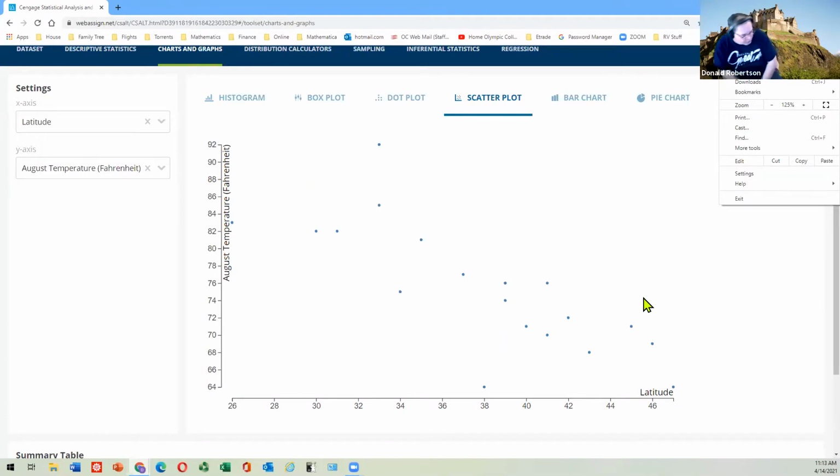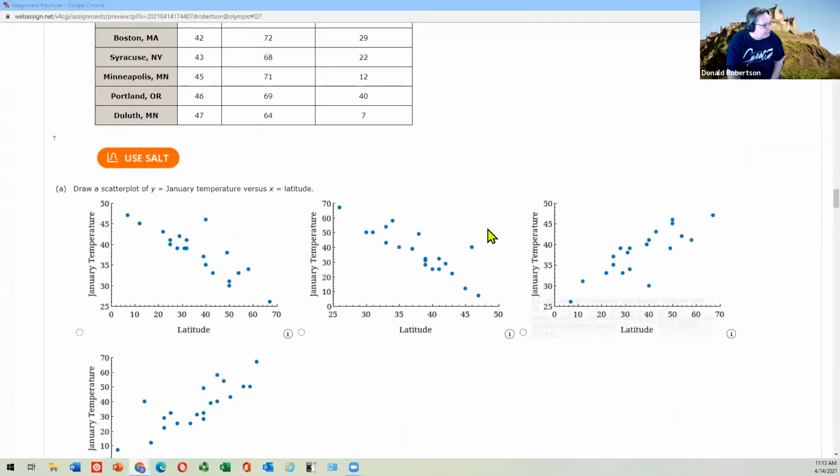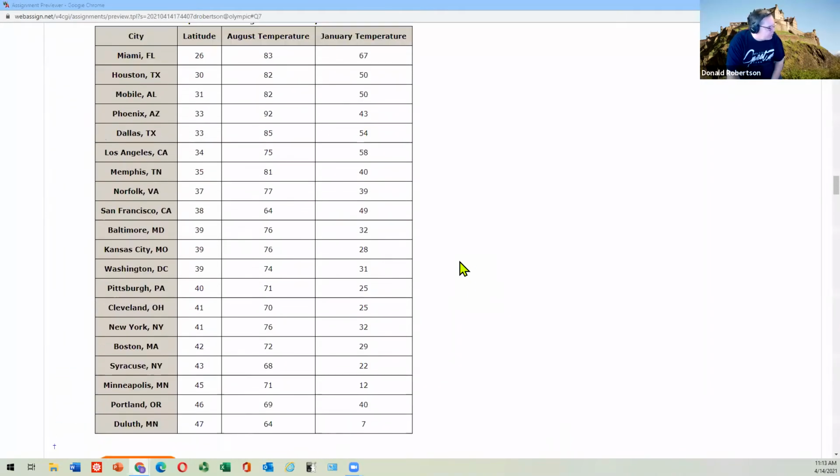Where do you think the other one that I think is a candidate for being an outlier might be? Down at the bottom. There's the one at 38. Agreed. Now, let's pick that one at random. At a latitude of 38, the average August temperature is 64. So I'm now going to leave that place and look for a latitude of 38, and it's San Francisco.